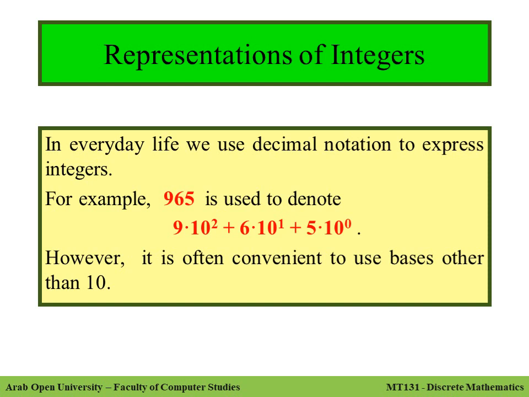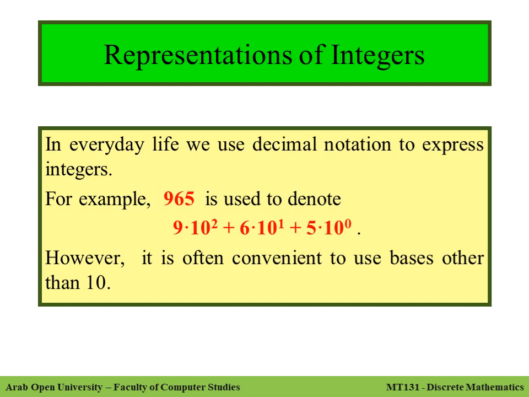The third number 9 is 900, so it's 9 times 10 to the power 2. Every digit in the decimal representation is multiplied by a power of 10, starting with the 0 power, the power 1 and power 2. The power seems to be 1 less than the location of the digits.